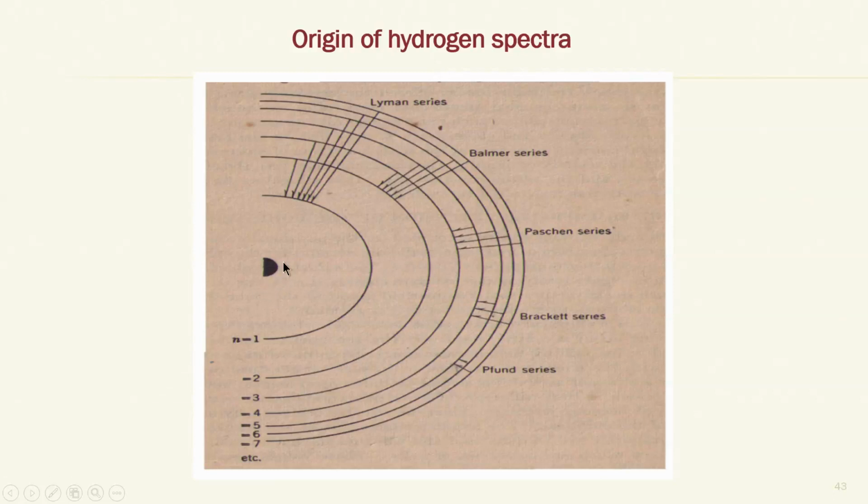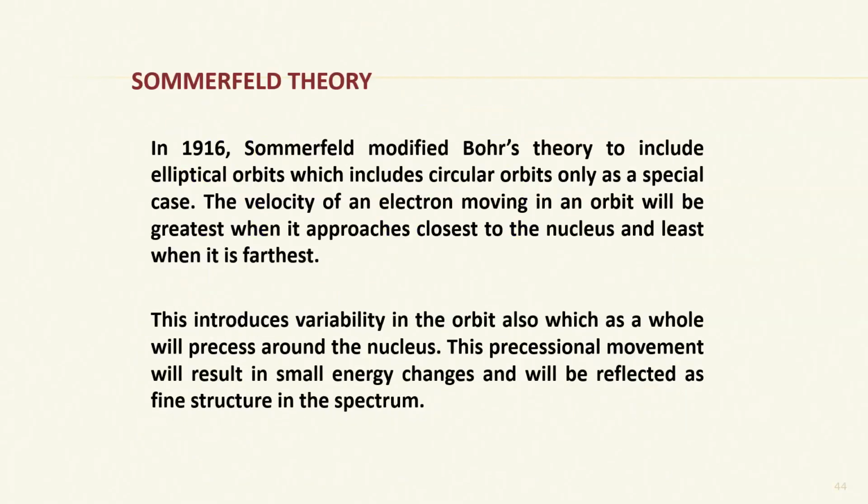This is the nucleus, these are the electrons in stationary orbits where electrons are populated, and these are all circular. Sommerfeld modified them into elliptical orbits. What it means essentially is that the velocity of an electron moving in an orbit will be greatest when it approaches closest to the nucleus and least when it is farthest.